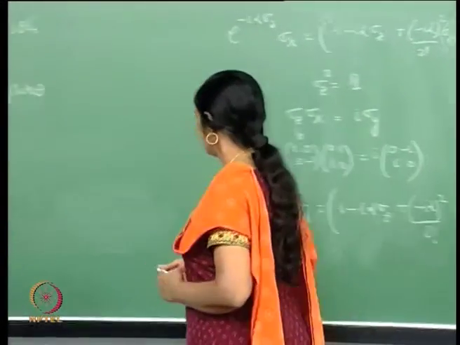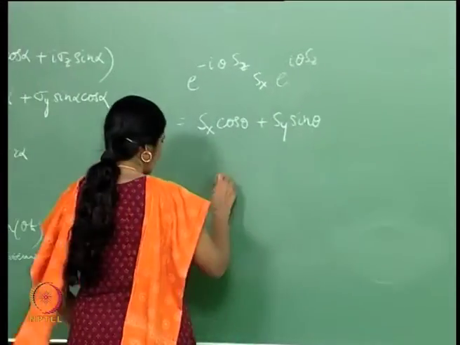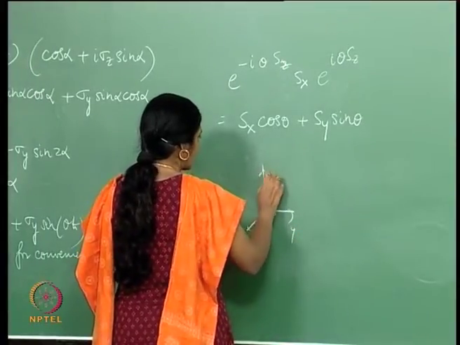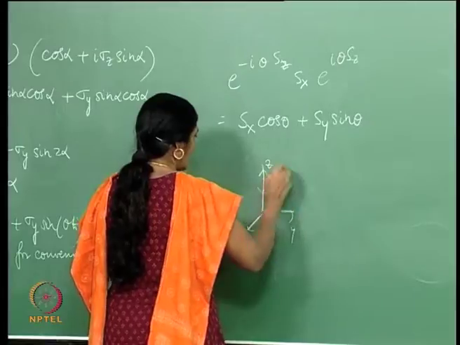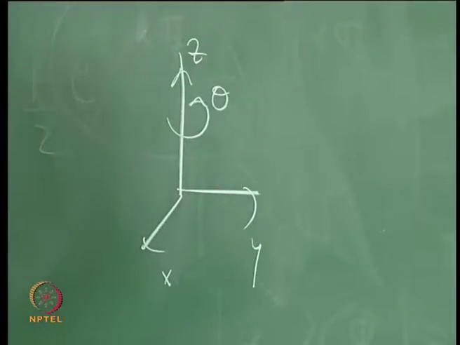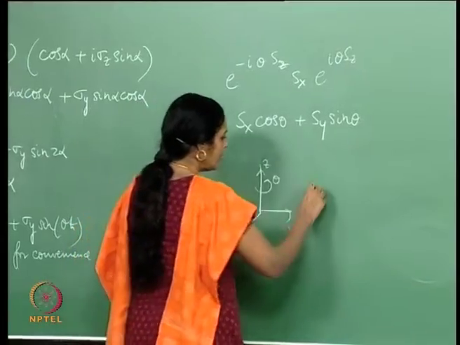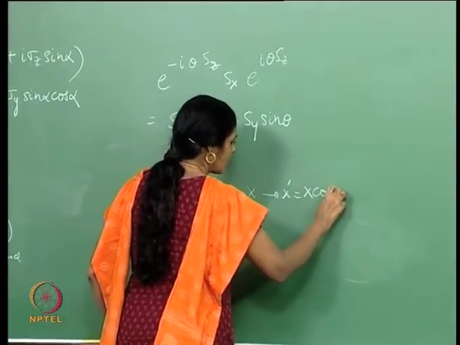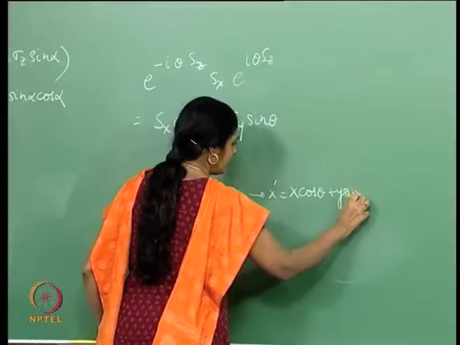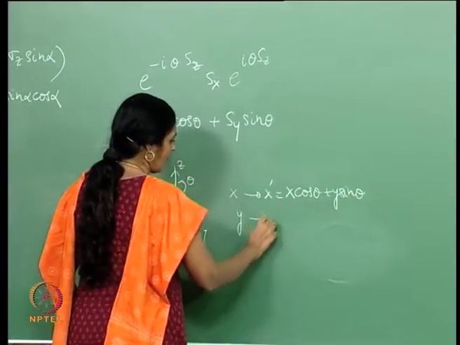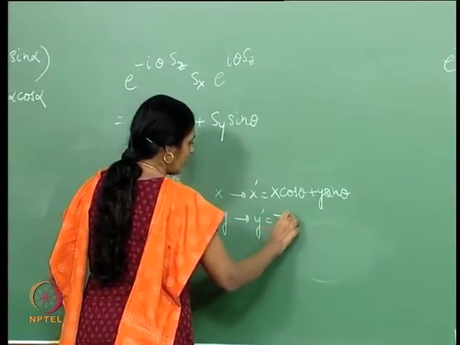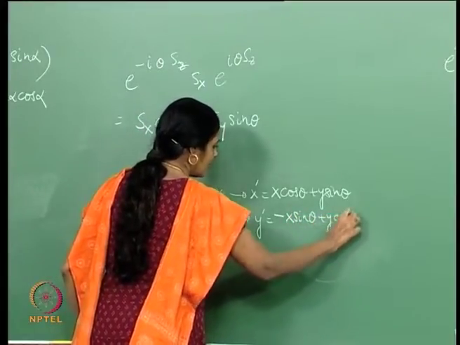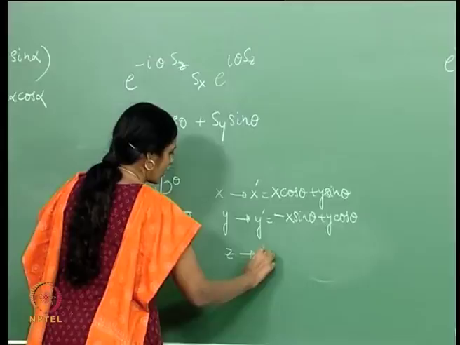You will recall that if we have axes x, y and z and a rotation were performed about the z axis by an angle theta, x goes to x prime, which is x cos theta plus y sin theta, y goes to y prime, which is minus x sin theta plus y cos theta, and z itself does not change.